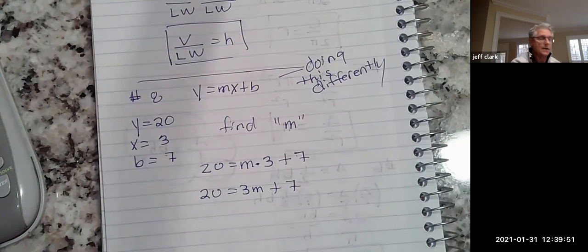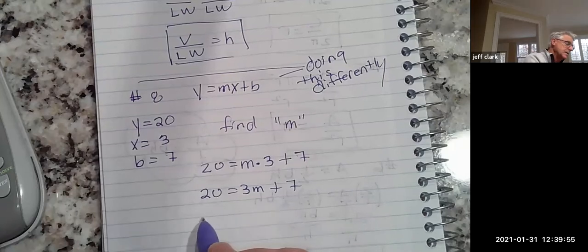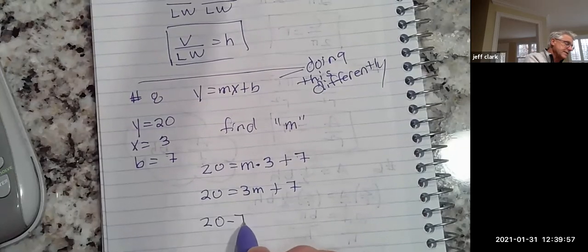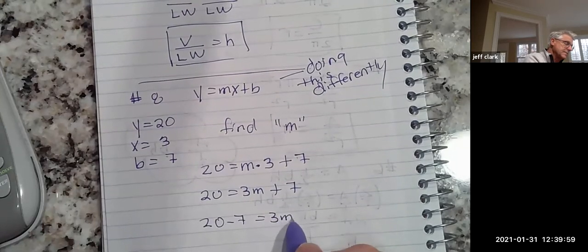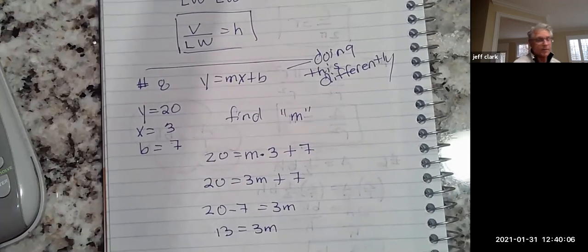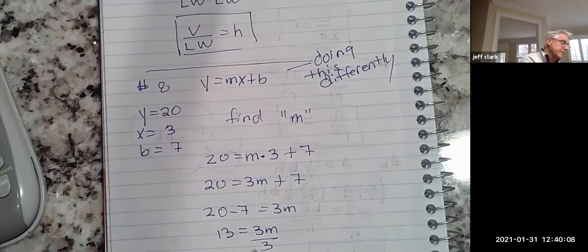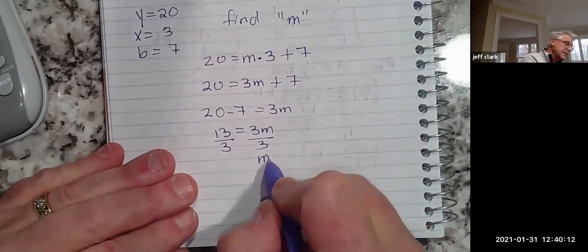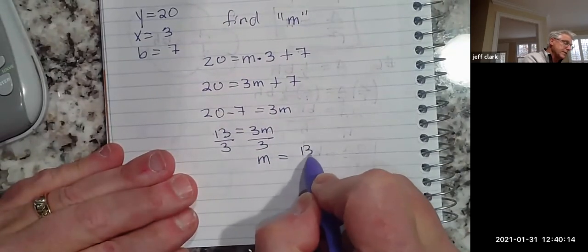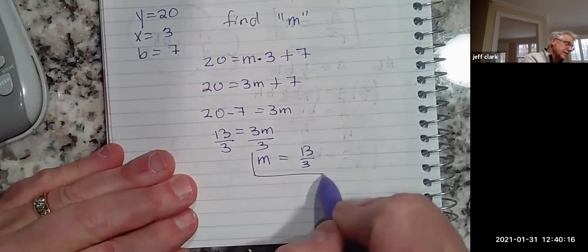And now I'm going to get the m by itself. That's what I'm solving for. So 20 subtract 7 is equal to 3m. That would be 13 equals 3m, thereby getting rid of the 3, divide by 3. And I end up with m equals 13 over 3.